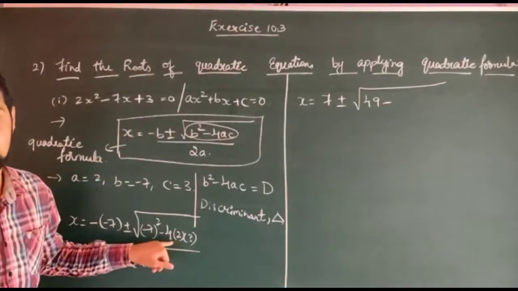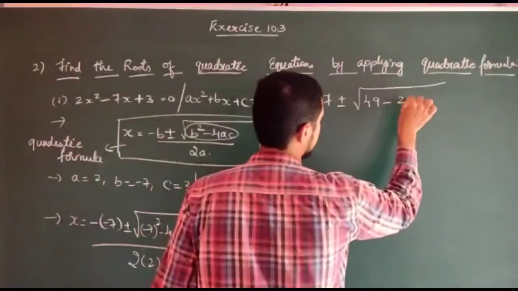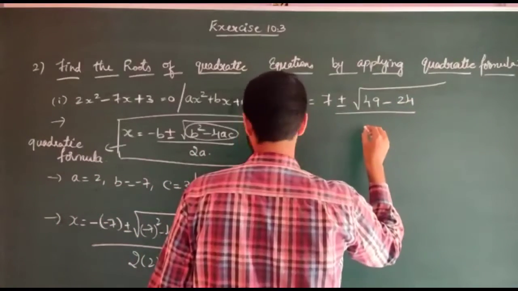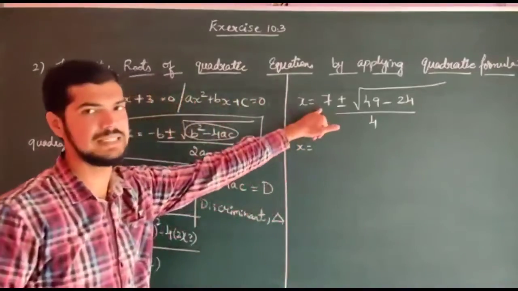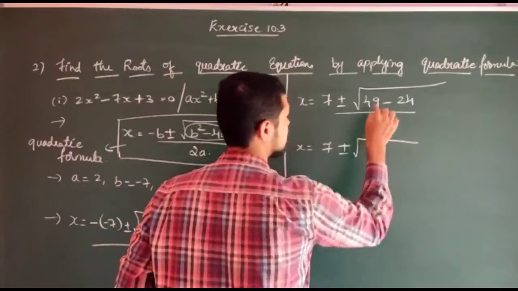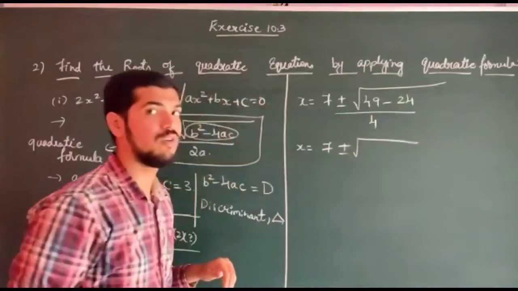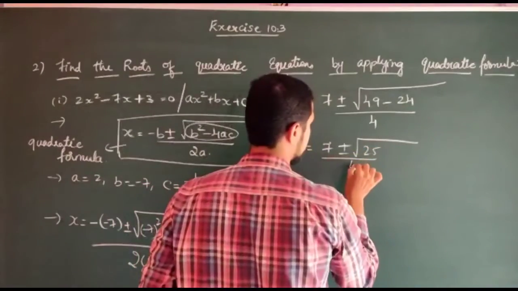How much is 4 into 2? 4 2s are 8, 8 3s are 24. So this is 24, divided by 2 into 2, which is 4. So from this, tell me, it is 7 plus or minus the root of, how much is 49 minus 24? 49 minus 24 is 25, by 4.